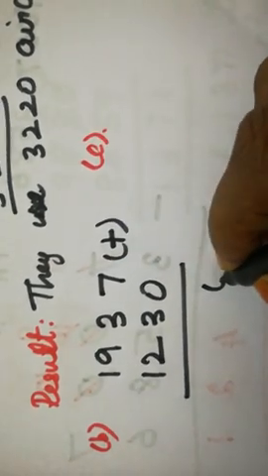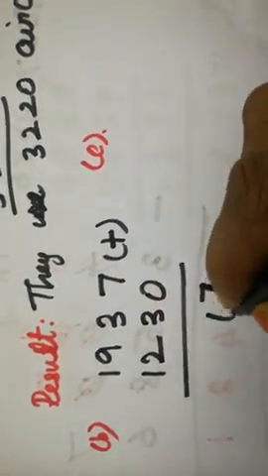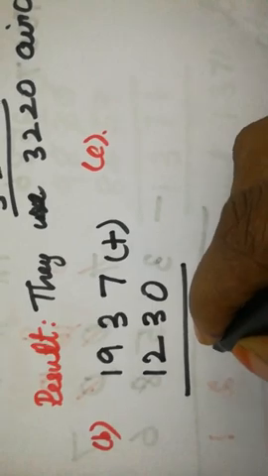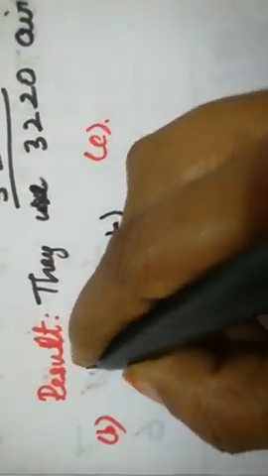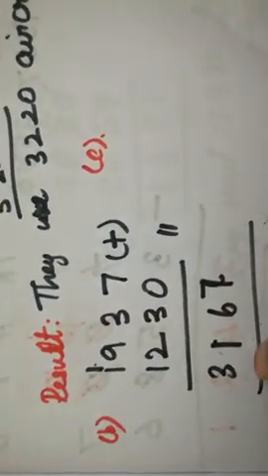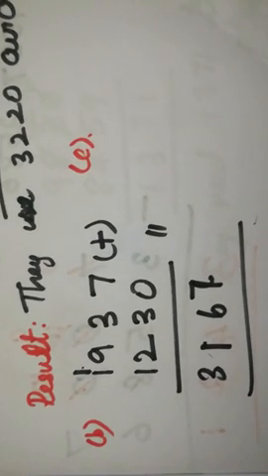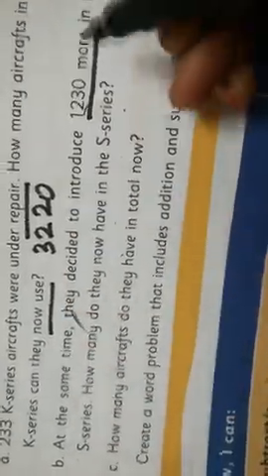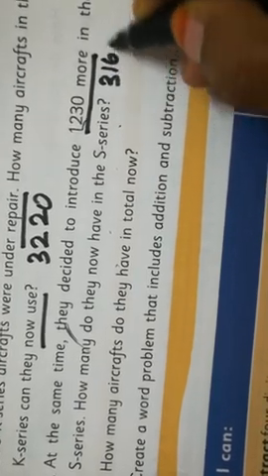7 plus 0 is 7. 3 plus 3 is 6. 9 plus 2 is 11, so we write 1 here, then carry 1 to the thousands place: 1 plus 1 plus 1, we get 3. So in total 3167 aircrafts in the S series, children. So the answer for option B is 3167.